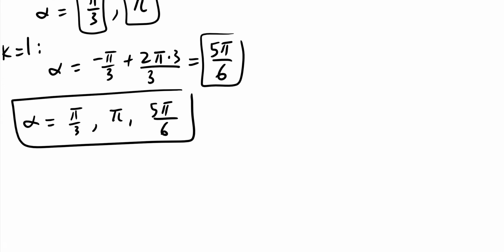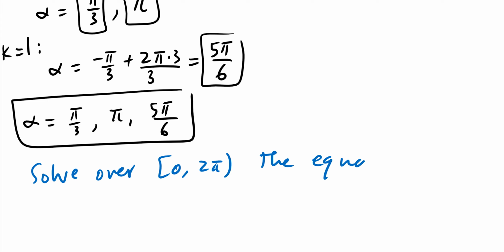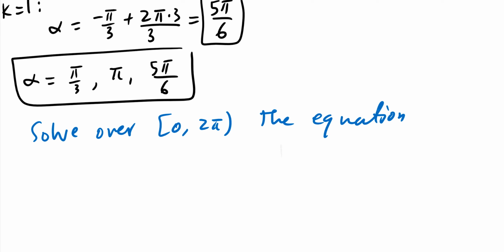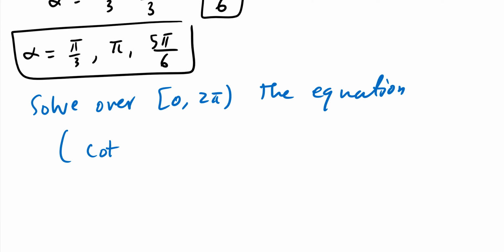Let's look at more examples. What if we are asked to solve over the interval 0 to 2 pi the equation cotangent alpha plus 1 times cosecant alpha minus 4 equals 0.